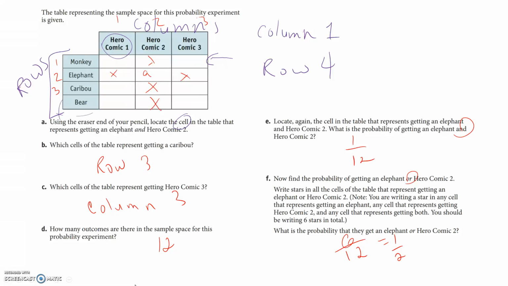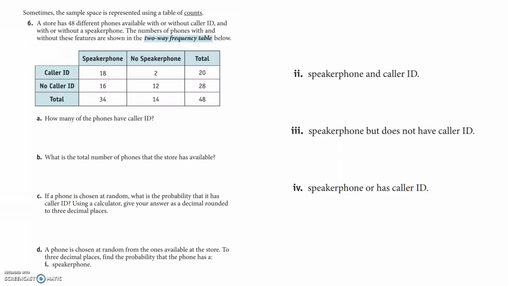And then we're going to take a look at one more table, which is question 6. So move to question 6 in your book. A store has 48 different phones available with or without caller ID and with or without a speakerphone. The number of phones with and without these features are shown in our two-way frequency table below. So I want you to again pause your video and answer these questions.